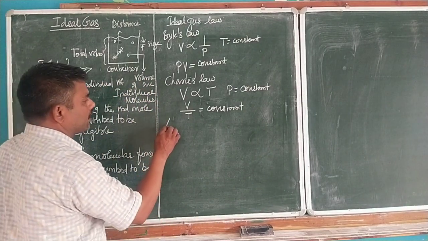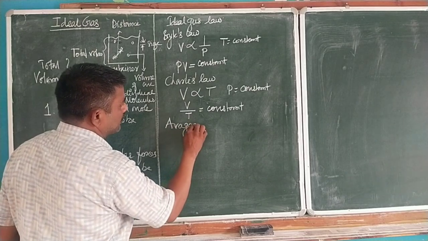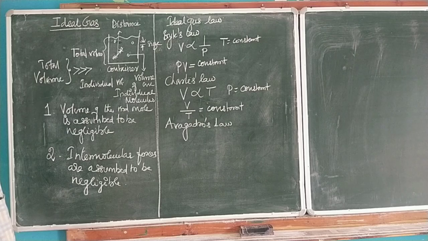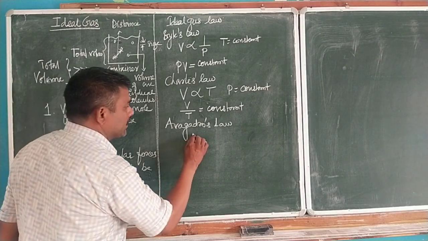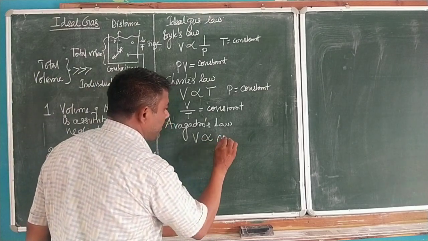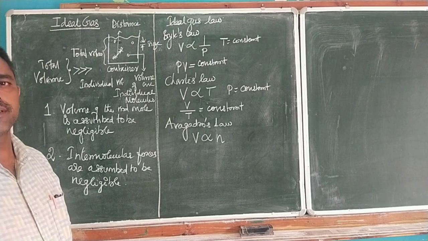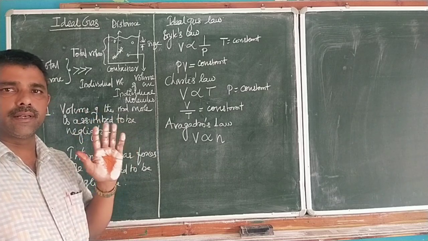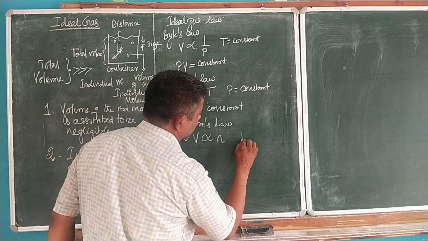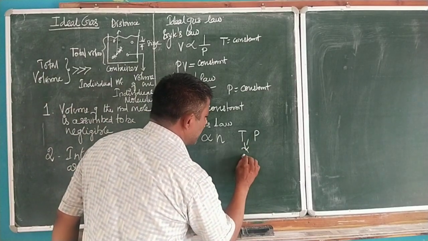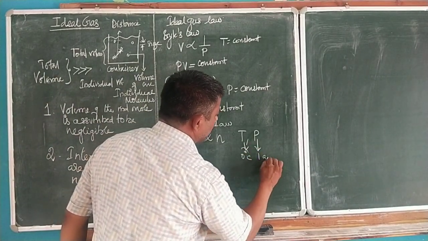Third information is from Avogadro's law. Avogadro's law says that the molar volume of an ideal gas is directly proportional to the number of moles of the gas, at normal temperature and pressure, which means temperature is 0 degrees Celsius and pressure is 1 atmosphere.